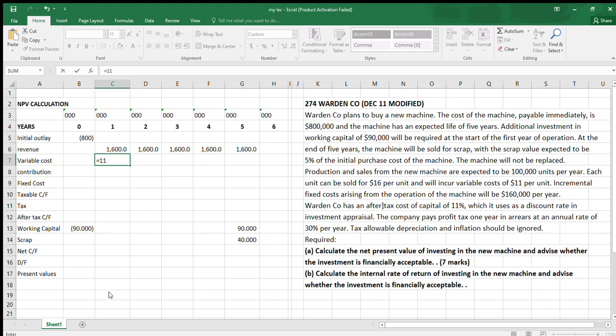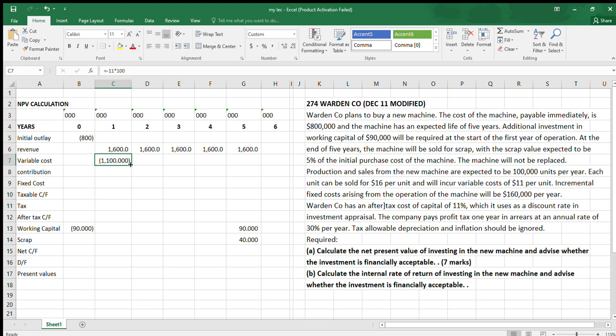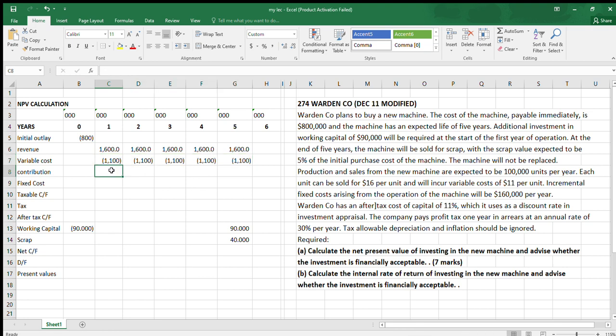So the 11 multiplying the 100, you just bring it to a negative figure in front of the equal to sign. You drag it to year 5. Now you subtract your variable cost from your revenue, which will give you contribution.